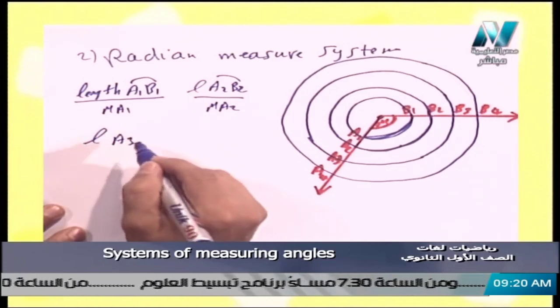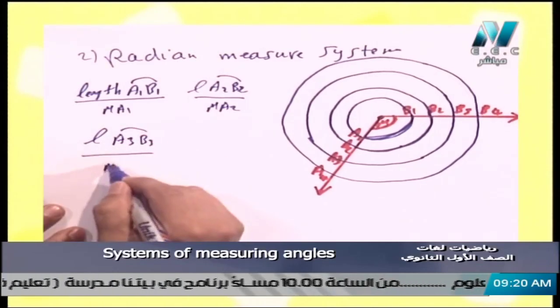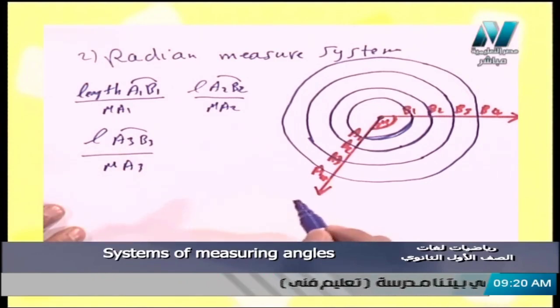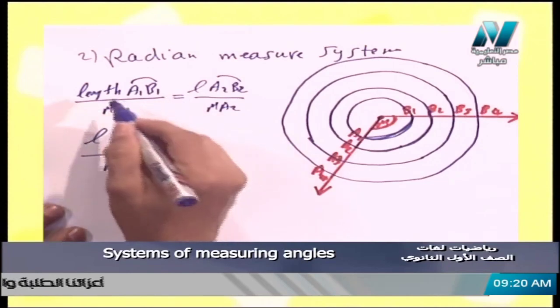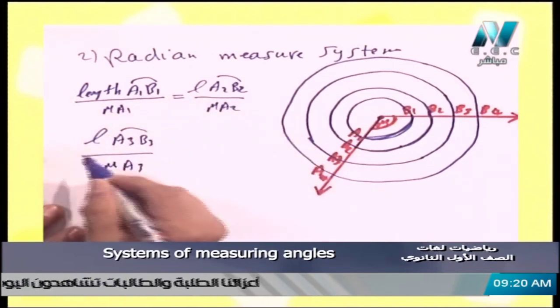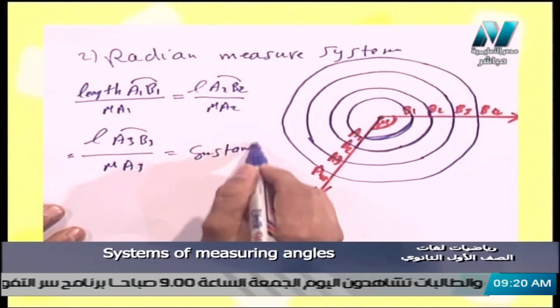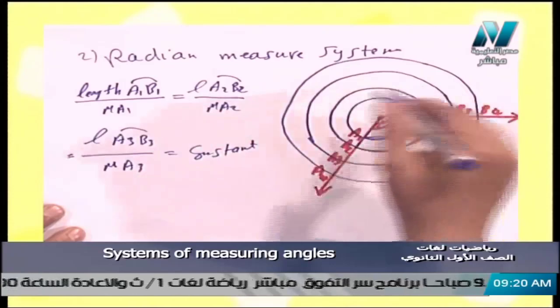A3B3 over MA3, if we divide all these, we will find that this number equals this number equals this number, so it's a constant number for all these circles.